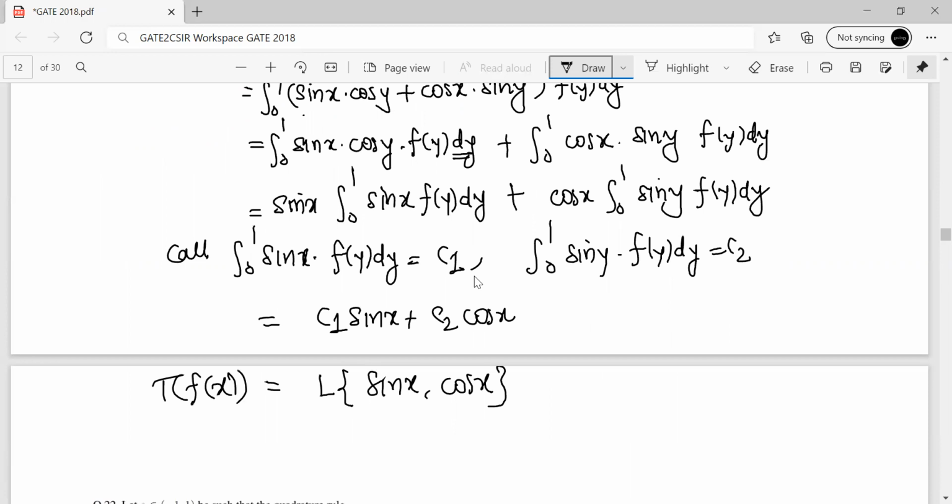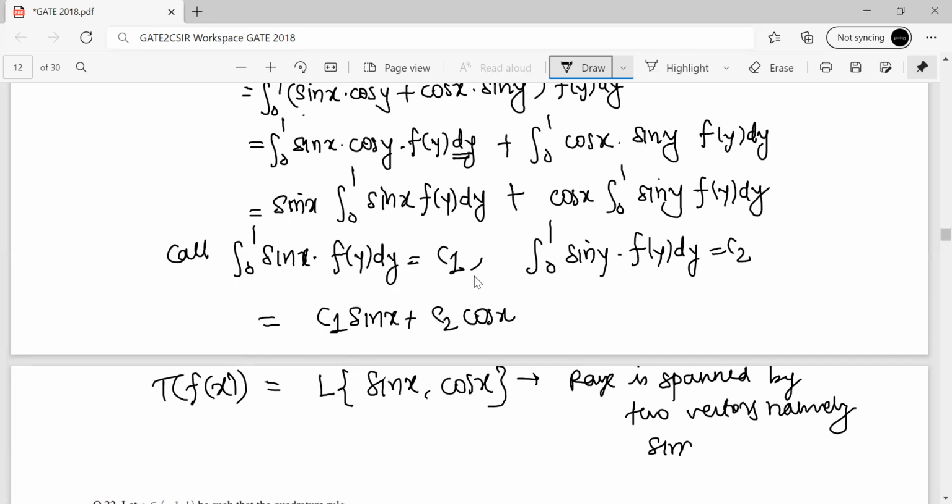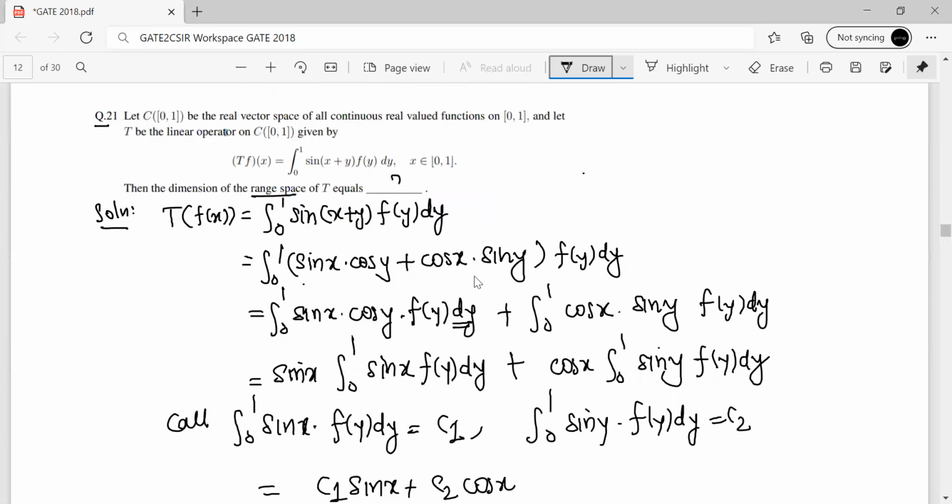That means this is nothing but the range. So the range is spanned by two vectors, namely sin x and cos x. So the dimension of the range space is 2.